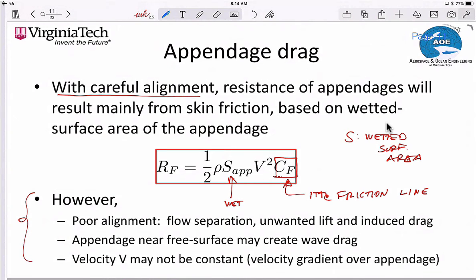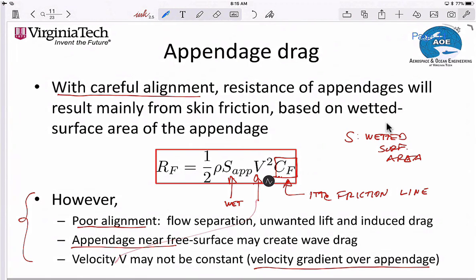However, if you've not done a good job designing your ship, meaning if you have poor alignment, you can get flow separation, unwanted lift, induced drag. You could have an appendage near the free surface and it could create wave drag. And there might be situations where you have a velocity gradient over the appendage, and therefore this velocity is not constant.